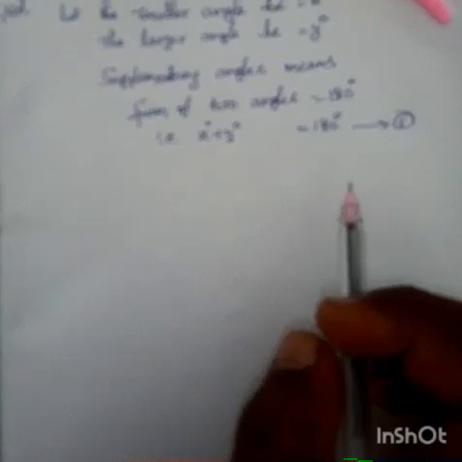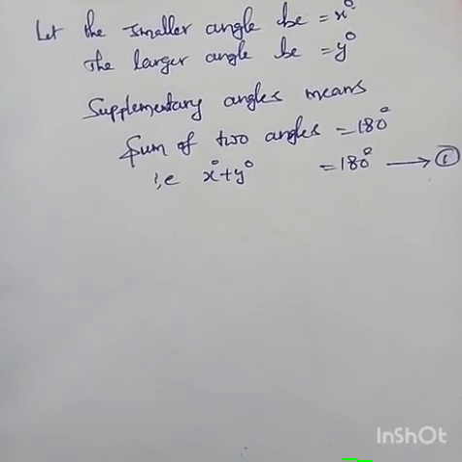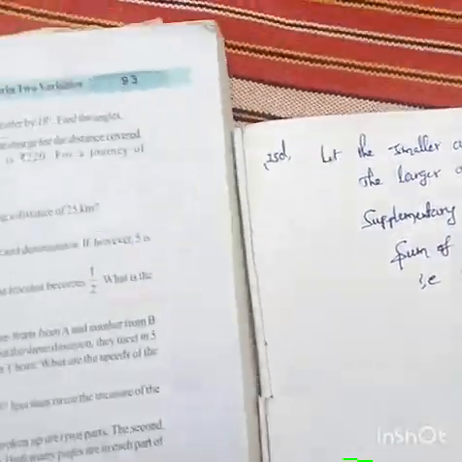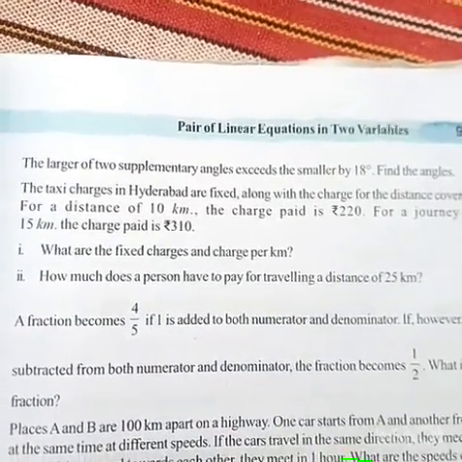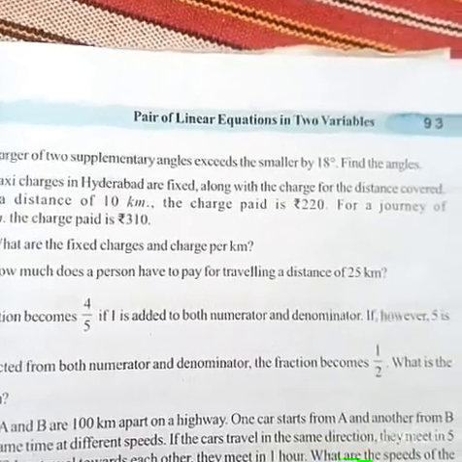So what is equation 1 here? x degrees plus y degrees is equal to 180 degrees. We can create a second equation from the given data. If you observe the problem here, the larger of two supplementary angles exceeds the smaller by 18 degrees.